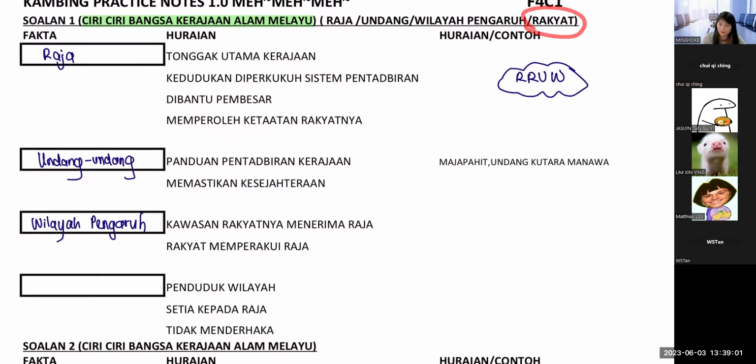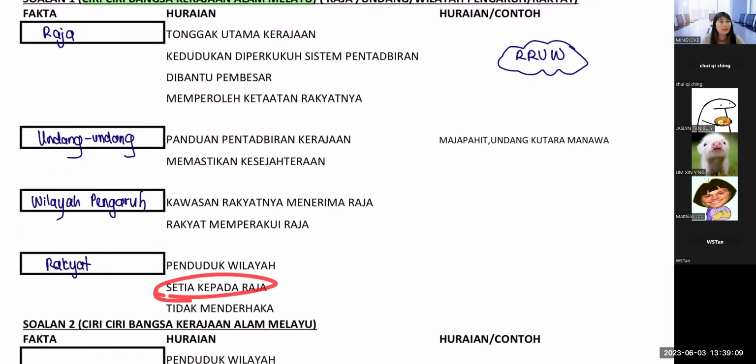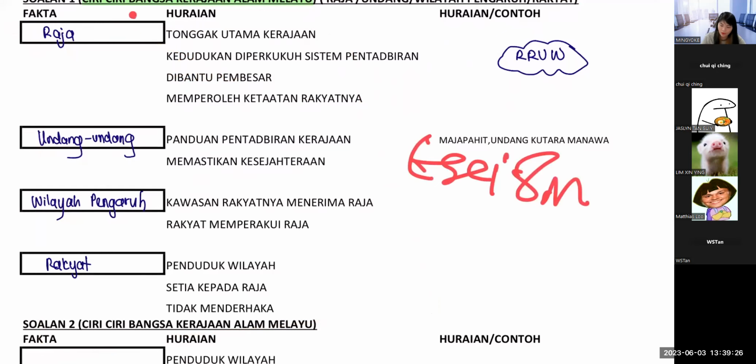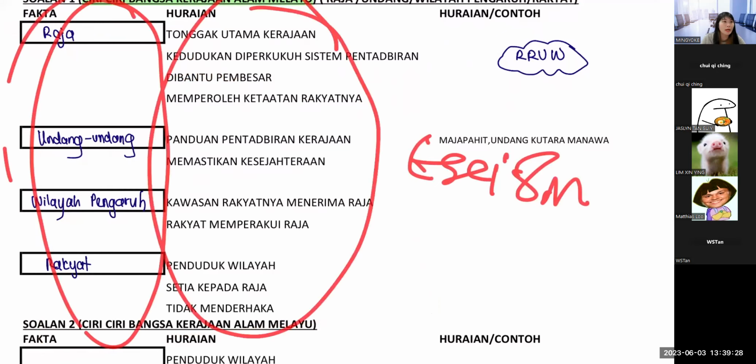Finally, we have rakyat. Rakyat basically is penduduk di wilayah tersebut setia kepada raja and tidak mendurhaka. So if you have 3, you remember all 3, and that's how you get the full answer. If according to the structural question, they will ask maximum 4. If according to essay type of 8 marks question, they will ask 4 fakta and 4 huraian accordingly.